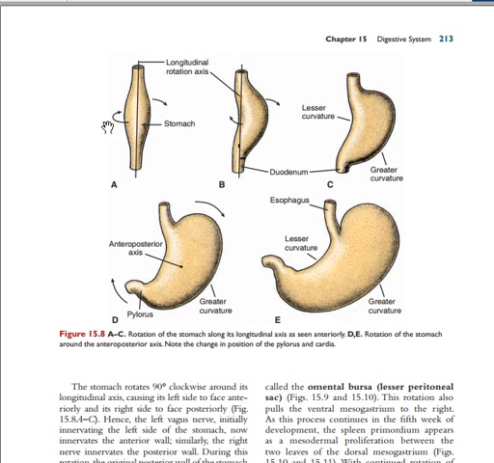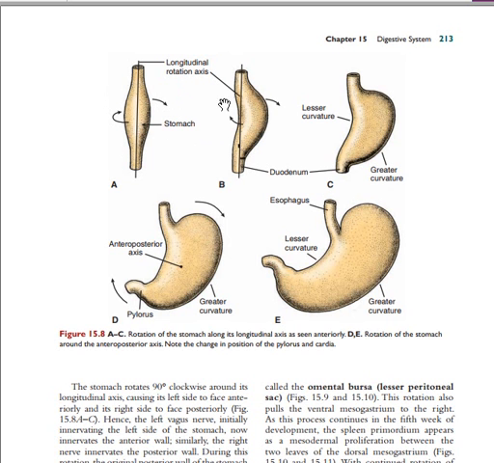So the posterior vagal trunk is going to come from what? It's going to come from the right vagus nerve, because what is on the right goes posterior, while the anterior vagal trunk comes from the left vagus nerve. Why? Because what goes anterior comes from the left.